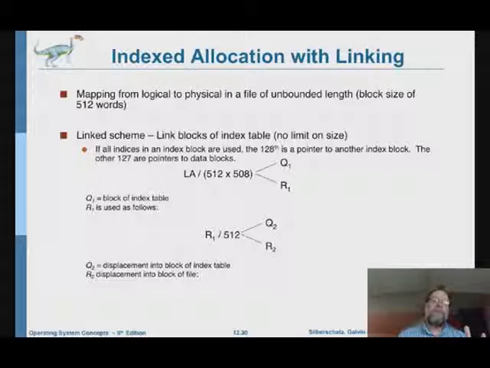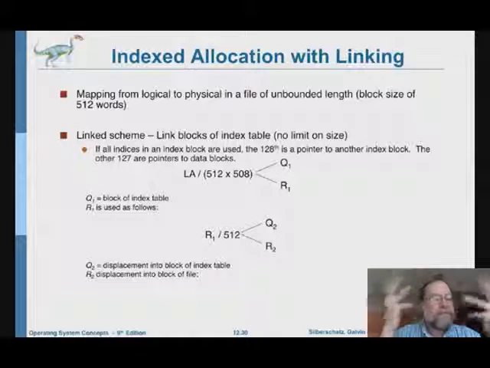So the index blocks contain references to data blocks, but if they're completely full, the 128th entry in the index block is a pointer to another index block. That way you can get arbitrarily large files. There's no limit on the size you could have. This does reintroduce our problem of the linked list scheme, where again you have some fragility, right?